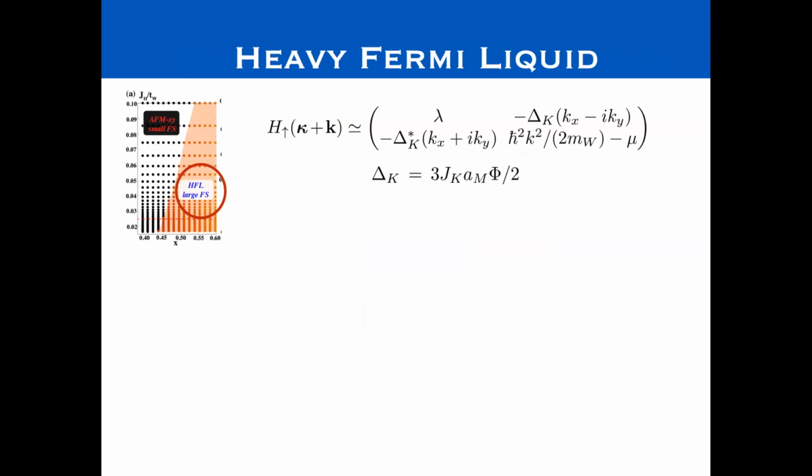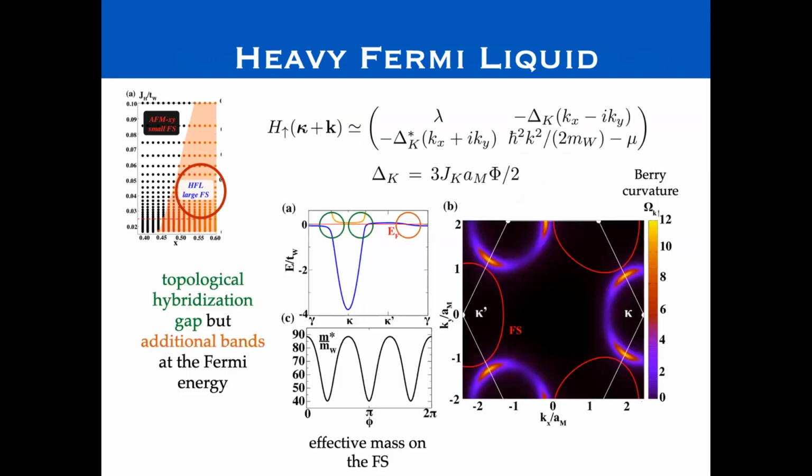And so if I now describe this heavy Fermi liquid state, this nodal hybridization is what I was trying to argue is what's interesting. And you can see that here, when you solve this low energy dispersion, what you find is a topological hybridization gap actually opens. So it's very much like a topological heavy fermion problem, though the symmetry is not played by orbitals, it's played by what's coming out of the Moiré problem.